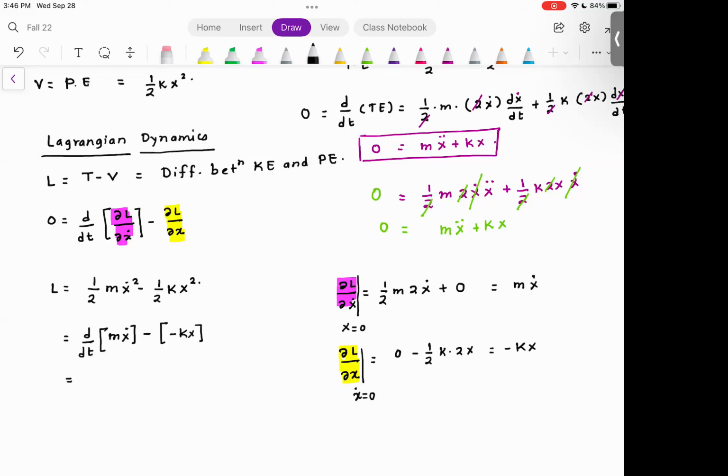Since this is the full derivative, this equation becomes m x double dot plus kx is equal to 0. Are you with me so far? Any questions here?